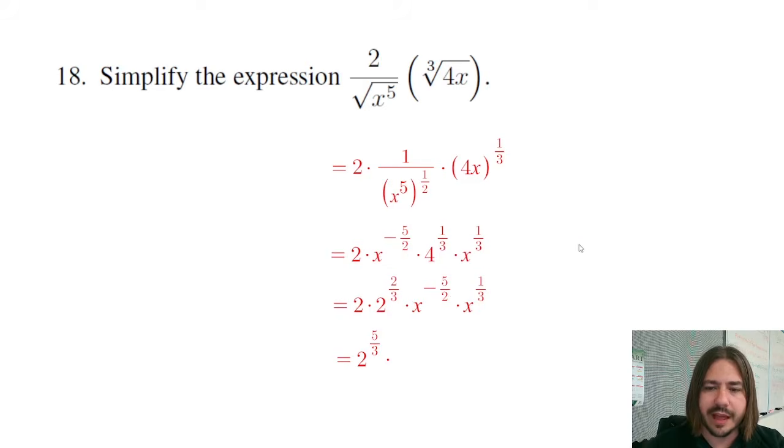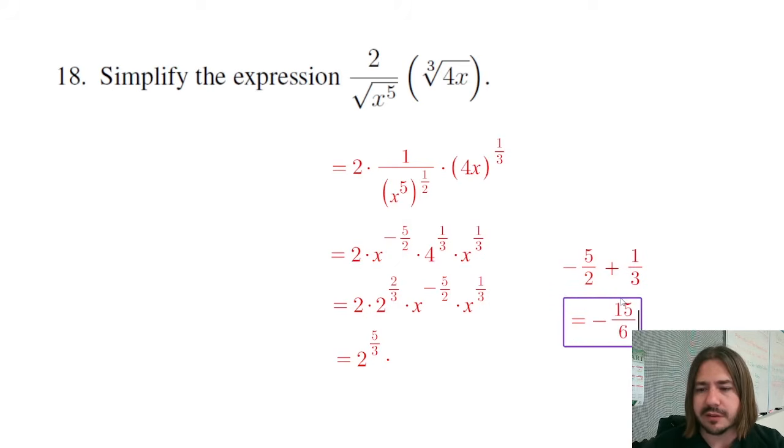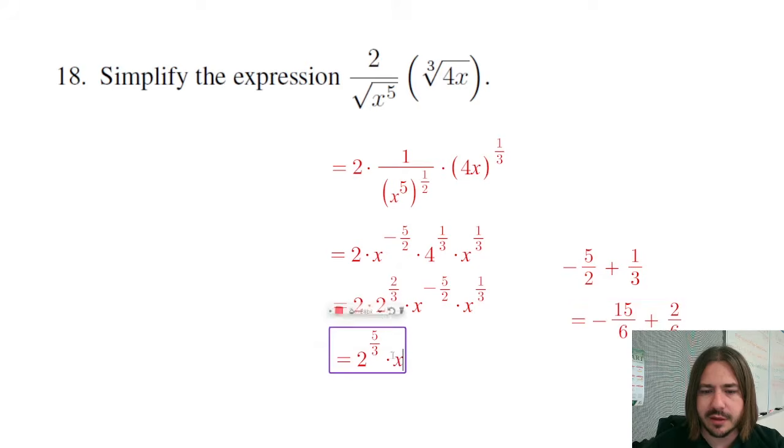Well, we need to add these, and maybe I'll do this out to the side. Negative 5/2 plus 1/3. We need a common denominator there, which is going to be 6. So this would be negative 15 over 6 plus 2/6. So 2 minus 15 is going to be negative 13/6.